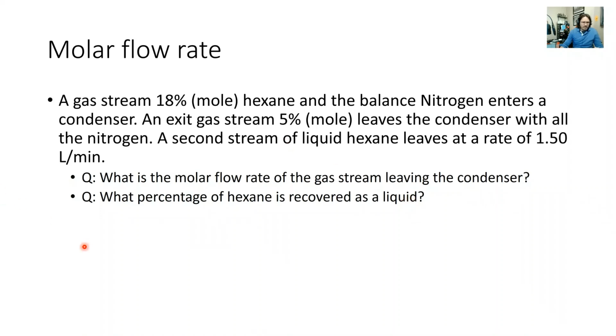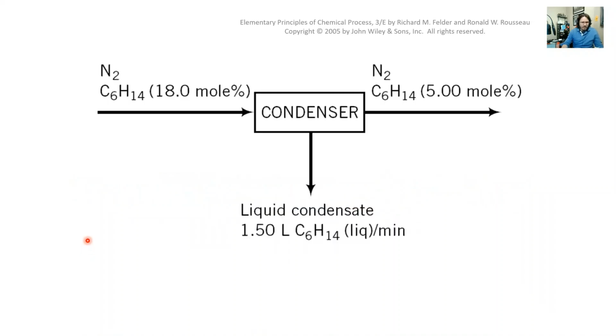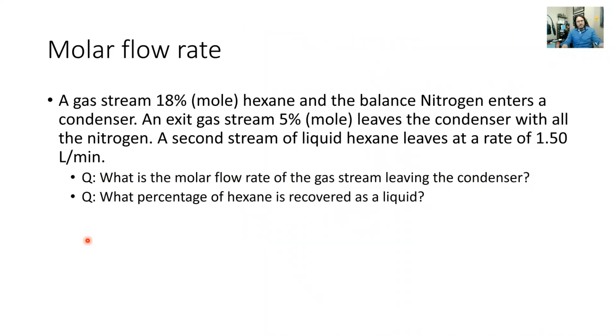It's not written that well, actually, but we have two questions. What is the molar flow rate of the gas stream leaving the condenser? And what percentage of hexane is recovered as a liquid? This is a little bit of a harder one. Here's what I was talking about, the language wasn't that great. The exit gas stream is 5% by mole, and maybe I'm not doing him credit, maybe when I rewrote it, I left out that it's 5% by mole hexane.